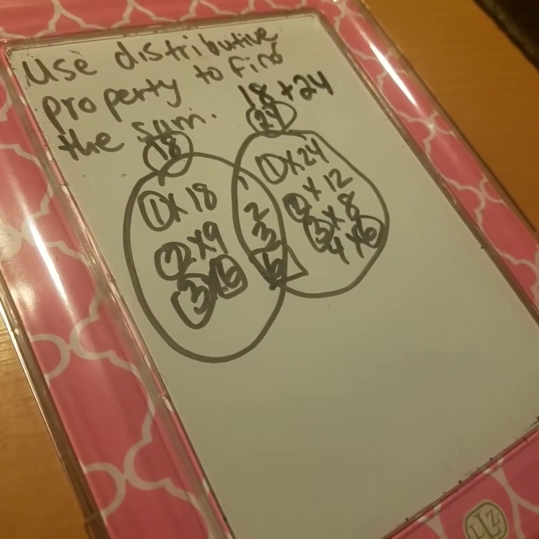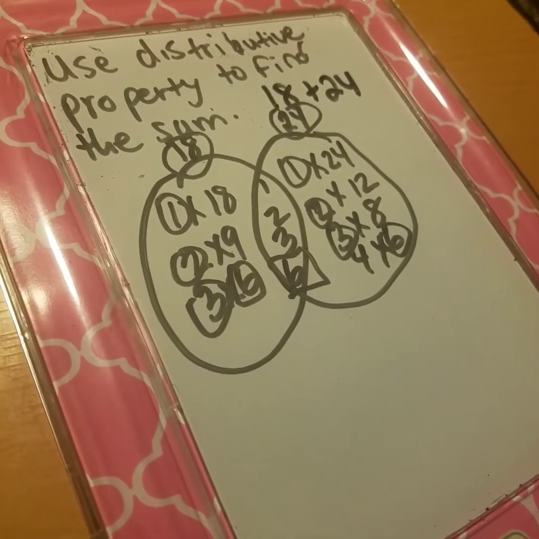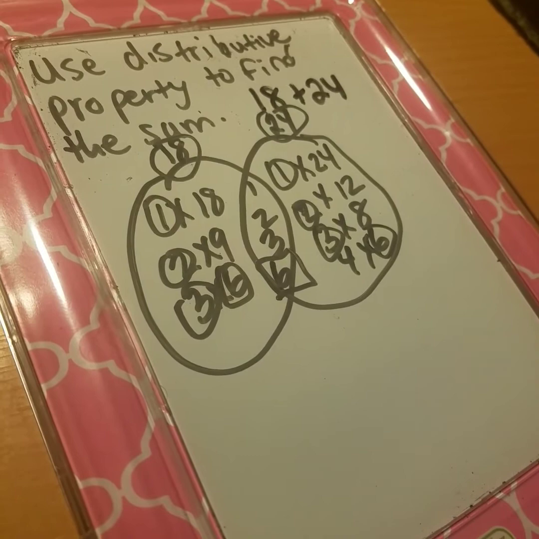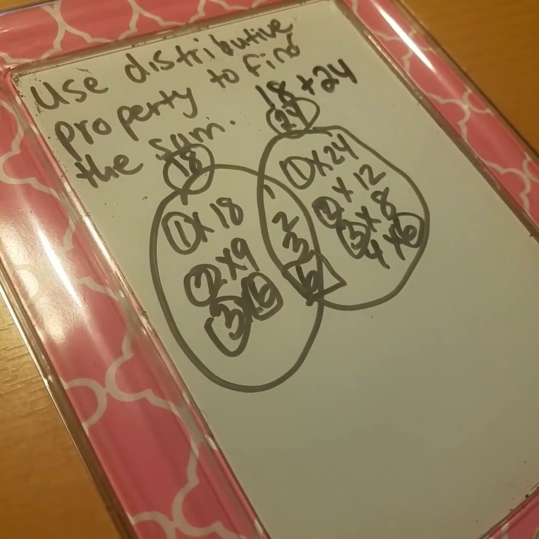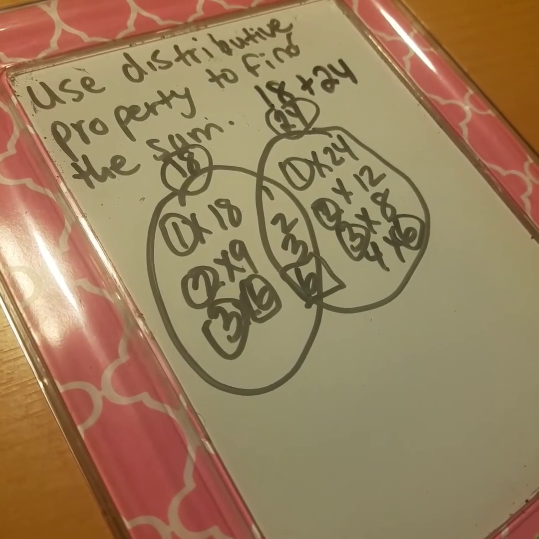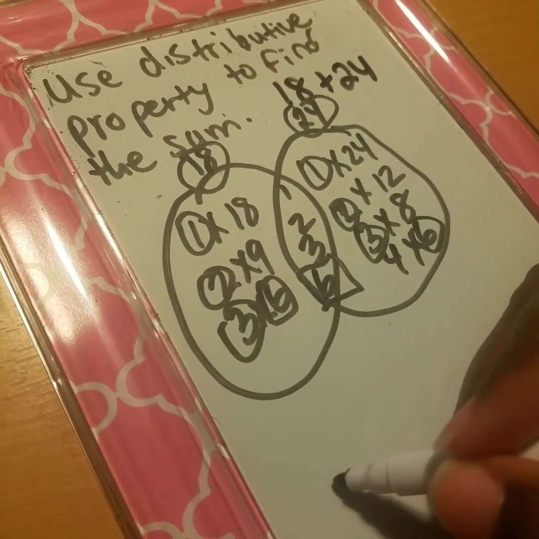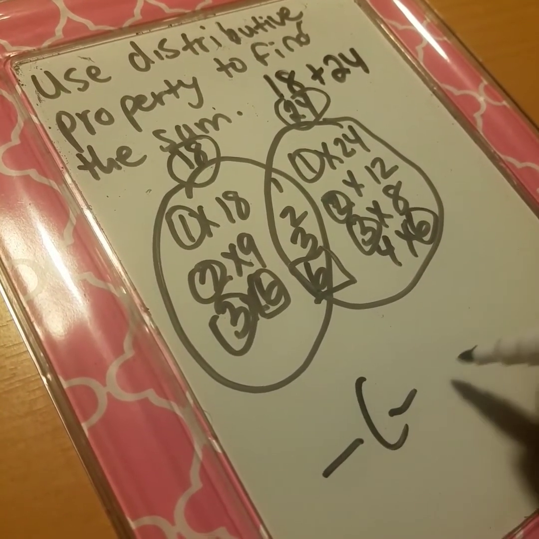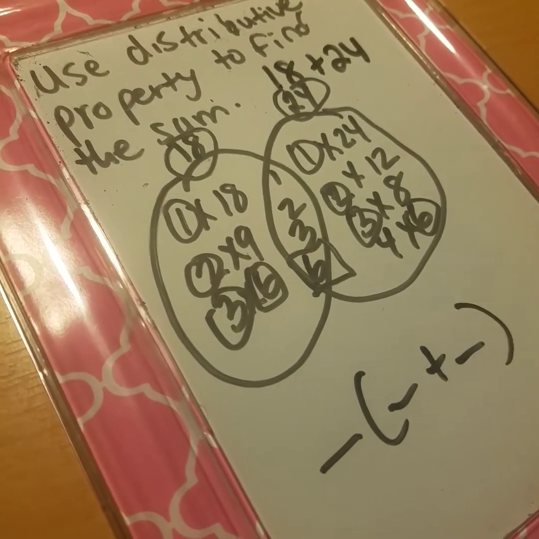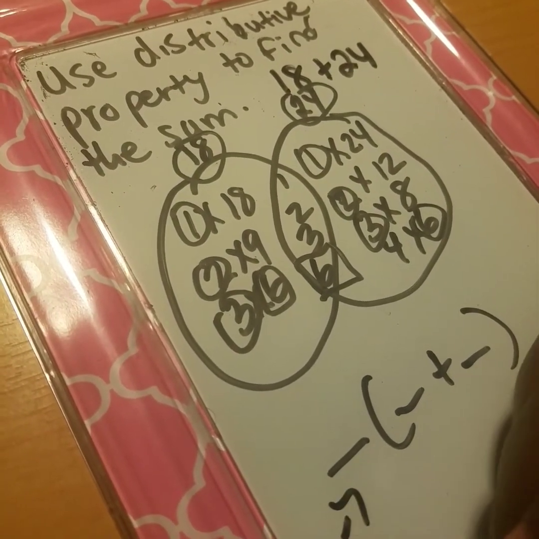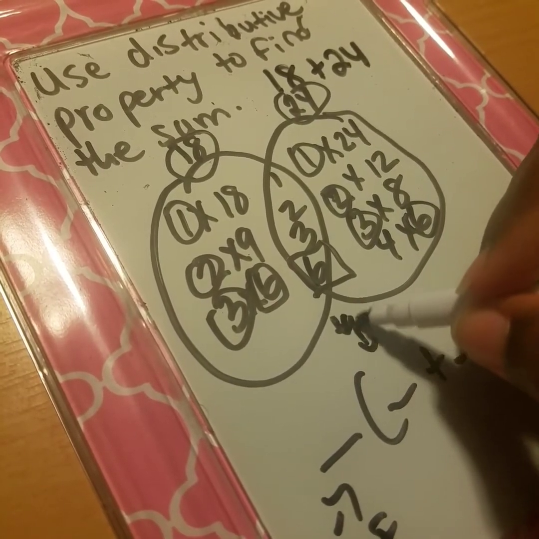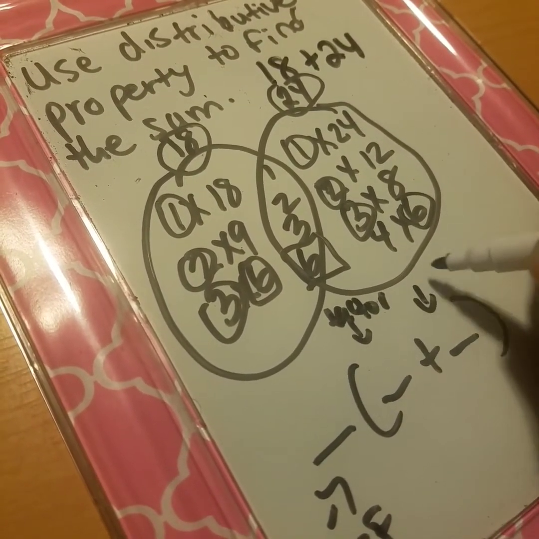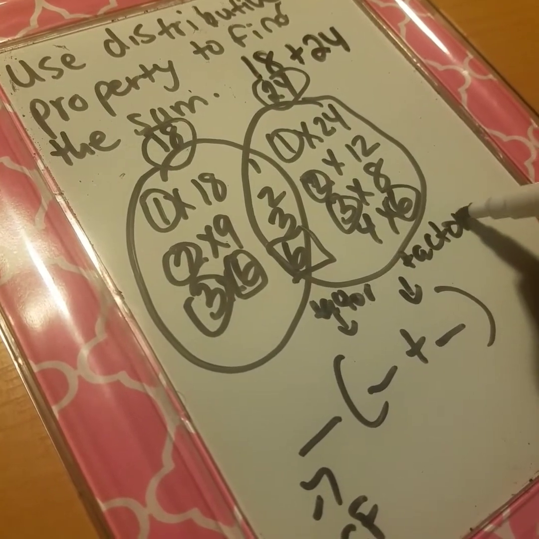Now, there are two ways for us to come up with the actual answer. I'm going to show you the first way, and then the second way. For students that do not need to use the area model and are able to come up with the answer right away, our answer must end like so, with your GCF, the factor, and the factor.